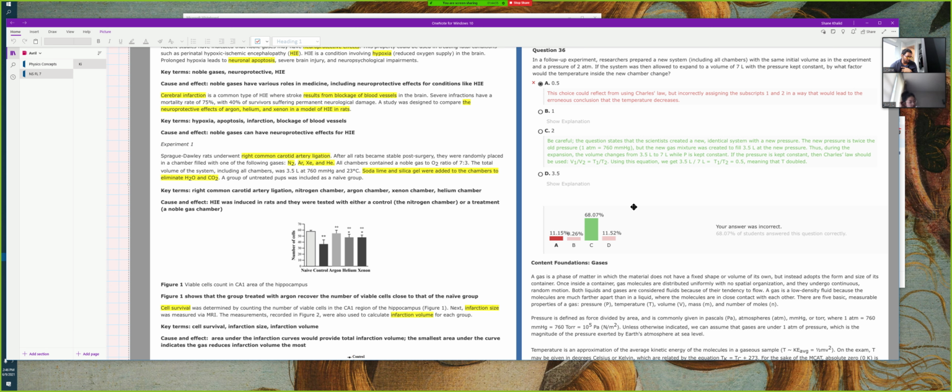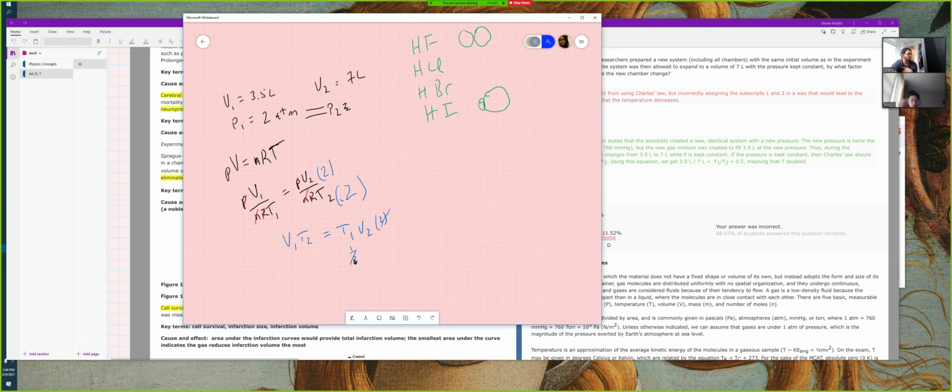It's just on the wrong temperature. If T1 was 1/2, then they'd cancel. But since T2 is all the way there and V2 is here, if this guy gets doubled, this has to be doubled. On an equation, whatever you do to one side, you have to do to the other. Yeah, for sure. Okay.